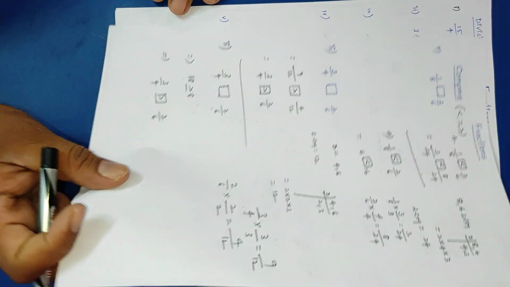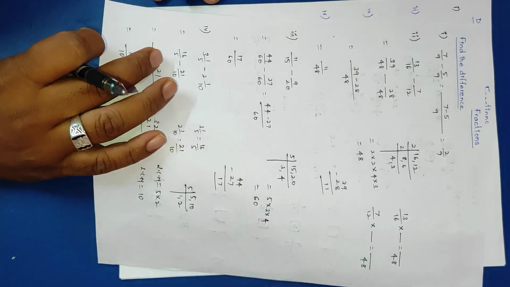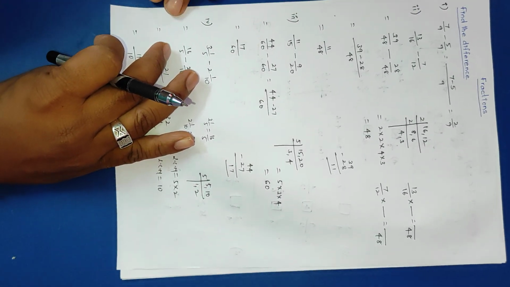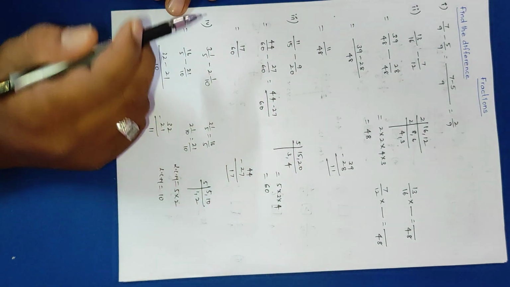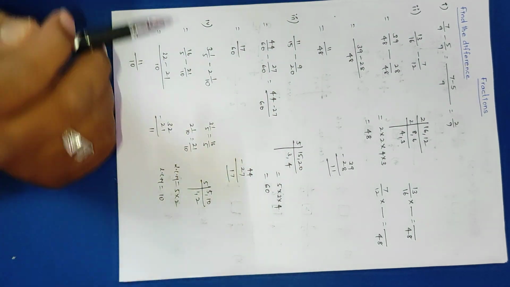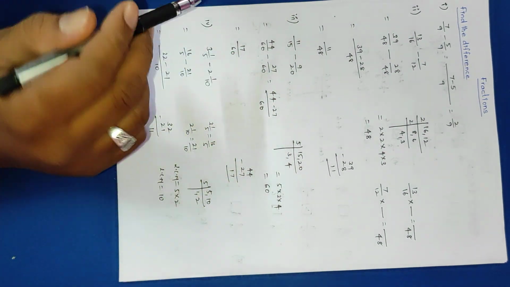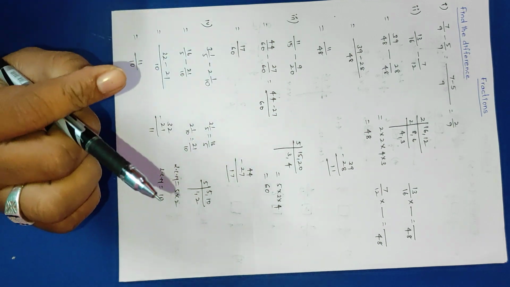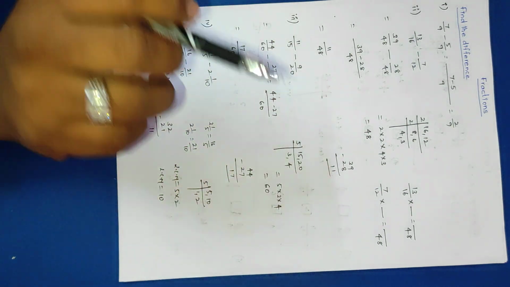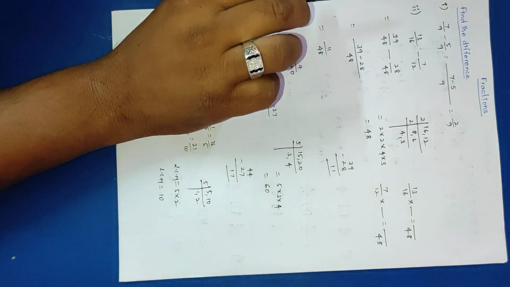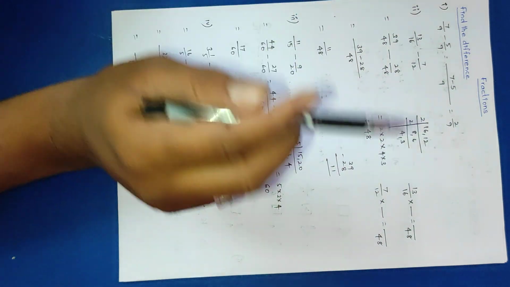I hope you understood. Next, finding the sum and the difference. For fractions, the steps are the same, with one small change at the end. First check whether they are like fractions or unlike fractions.